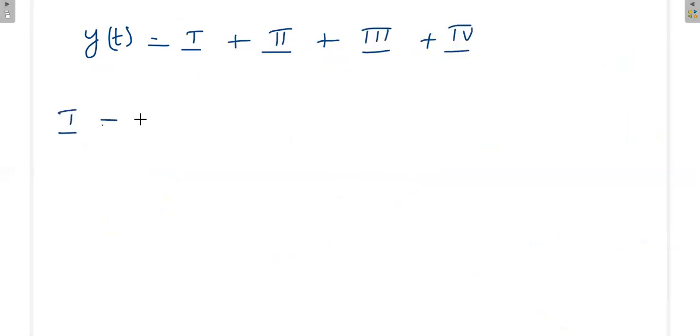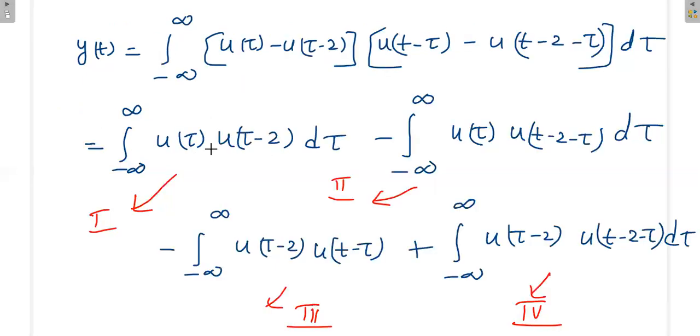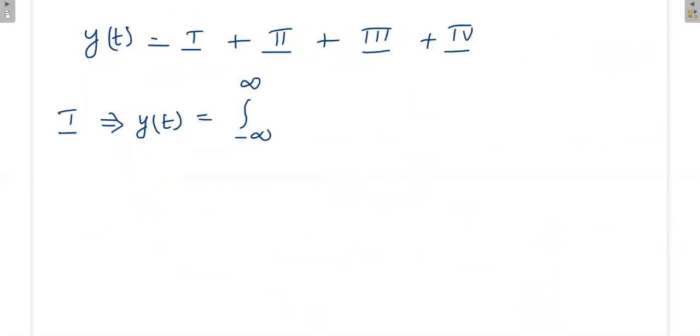So first, the first integral of y of t. I'm not finding the complete y of t, just the first component. Then y of t is equal to the integral from minus infinity to plus infinity, that is the first integral, of u of tau multiplied with u of t minus tau d tau.